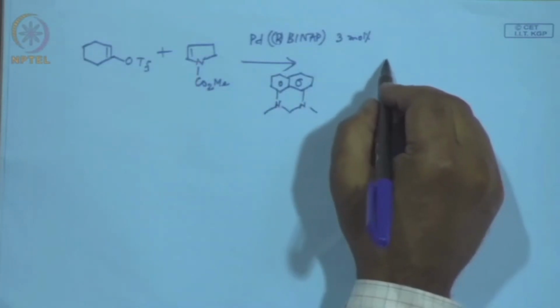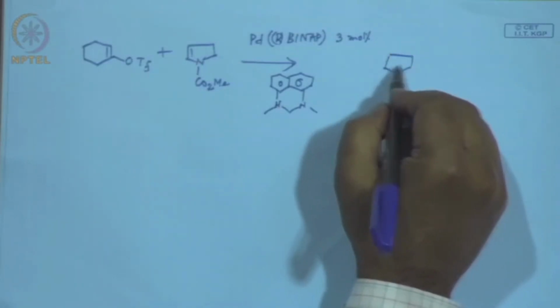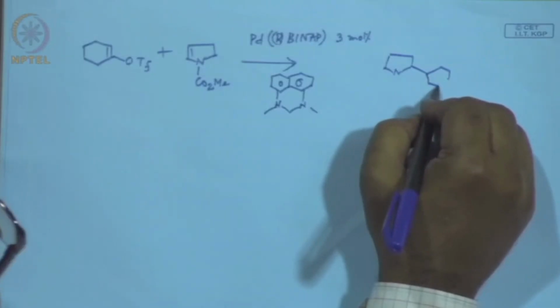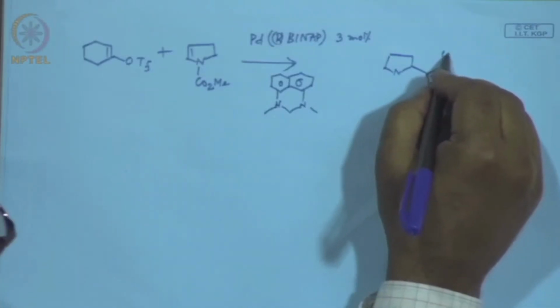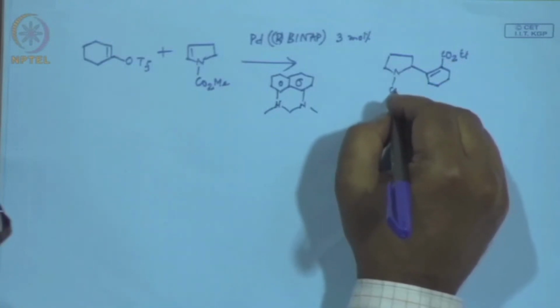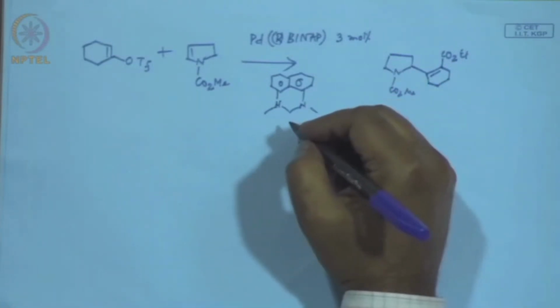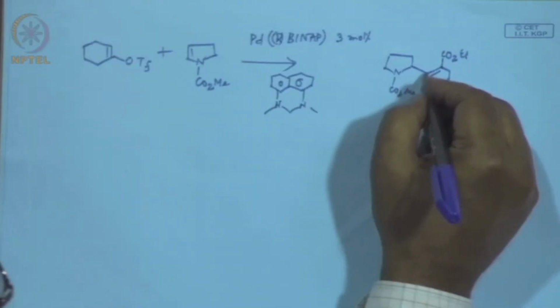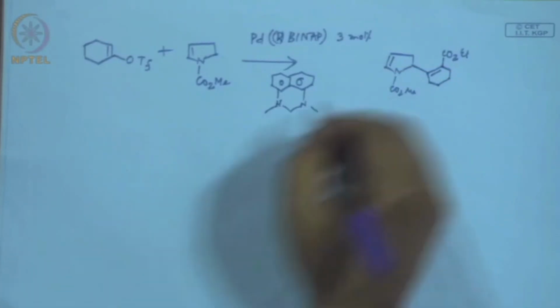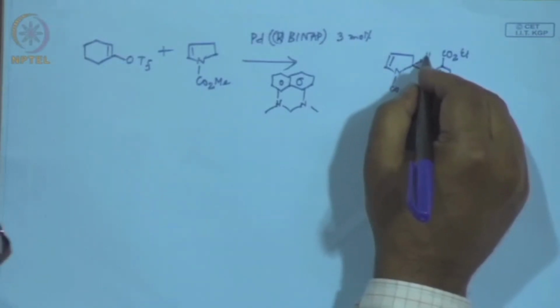The product that you will find is an ester group again, and this comes from the triflate, and the double bond is now moved to the other side.